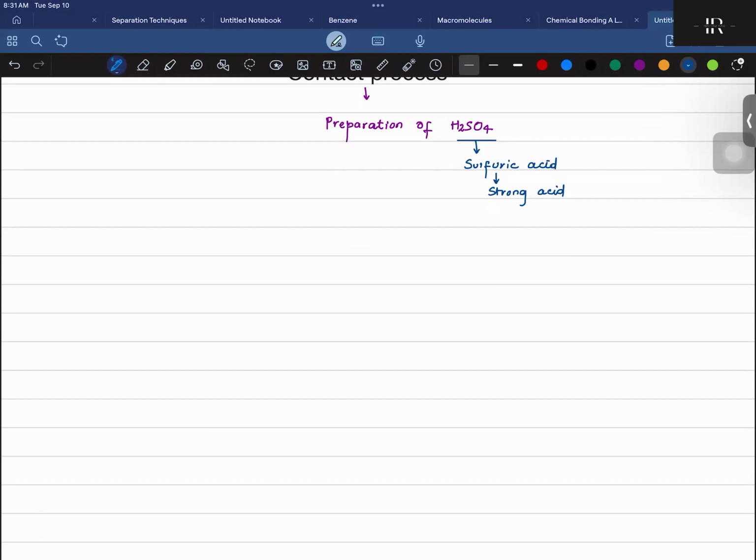Now the thing is, how can we prepare this sulfuric acid?